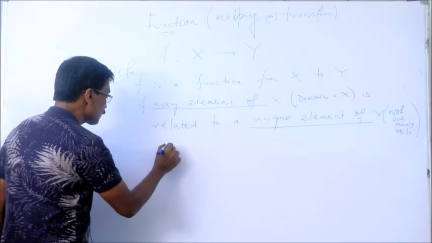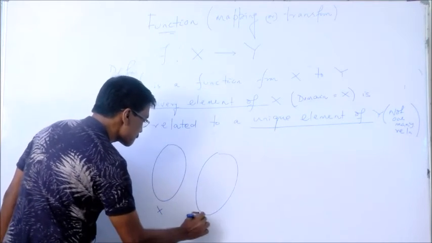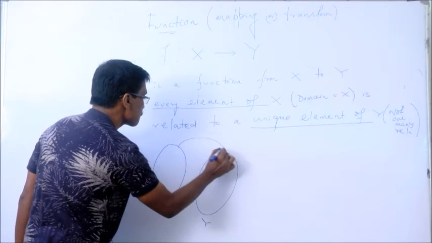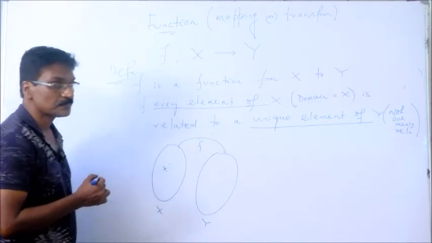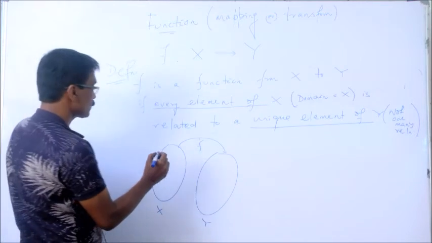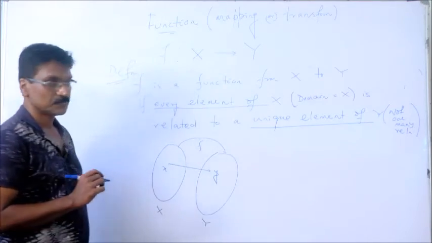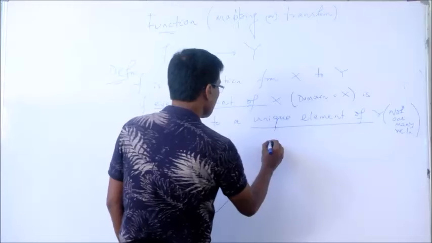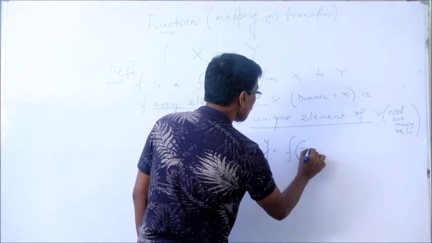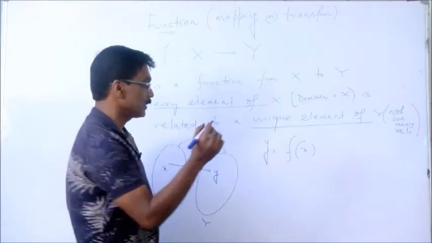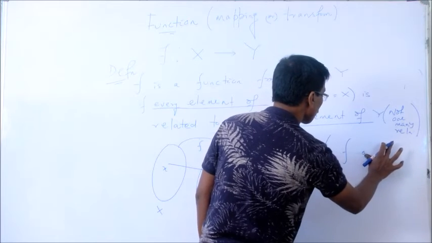Next, we will define, say f is a function from x to y. Suppose here an element is x and f transforms x to y. So, we say y is equal to f of x. It is read as f of x.